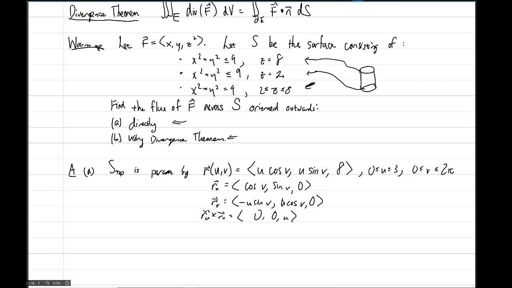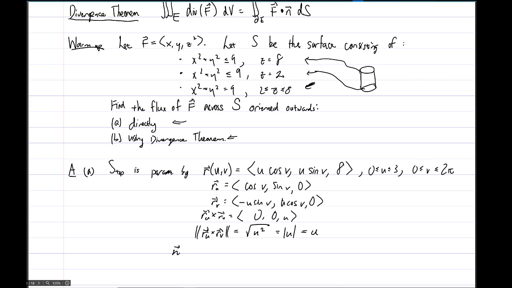And if we look at the magnitude of that vector, we should end up with the square root of 0 squared plus 0 squared plus u squared. So that will just be the absolute value of u, which, because u is only between 0 and 3, is just going to be u itself.